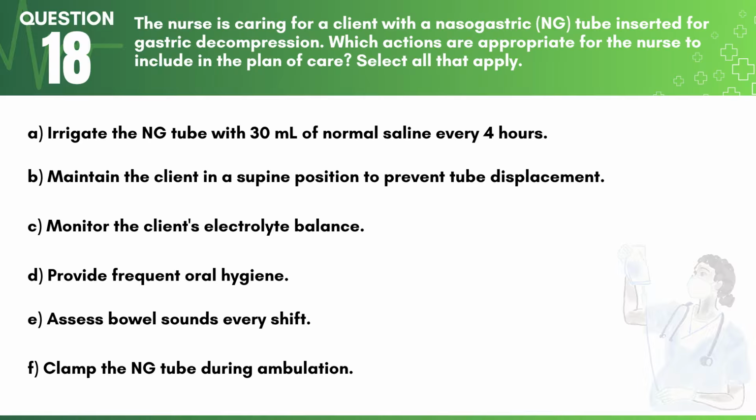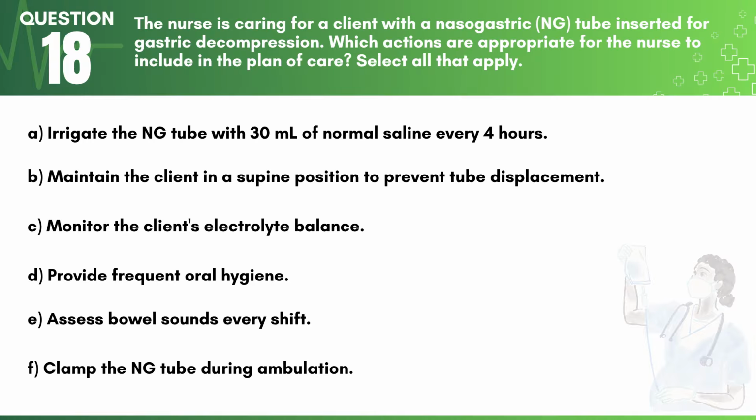Question 18. The nurse is caring for a client with a nasogastric (NG) tube inserted for gastric decompression. Which actions are appropriate for the nurse to include in the plan of care? Select all that apply. A. Irrigate the NG tube with 30 milliliters of normal saline every 4 hours.